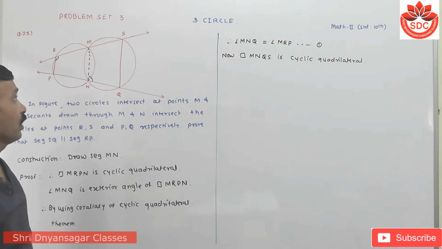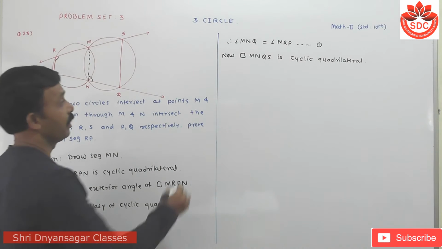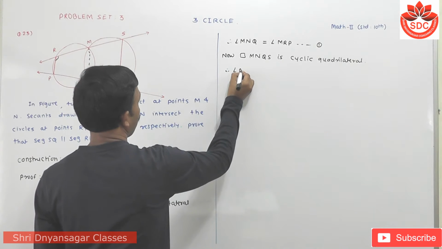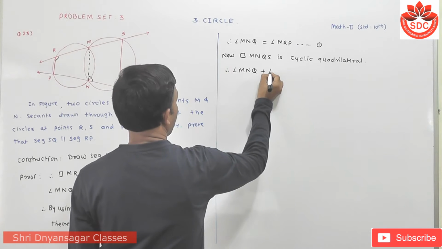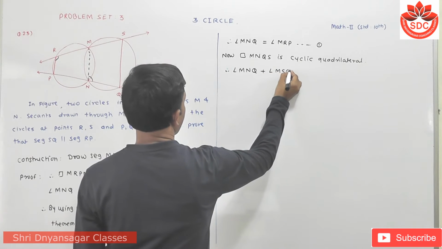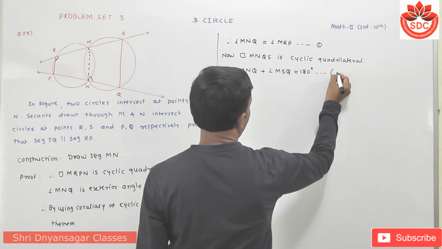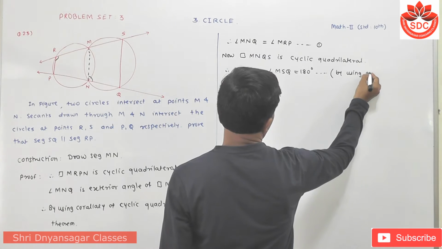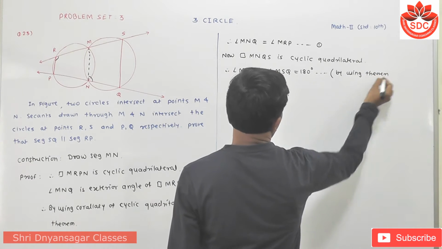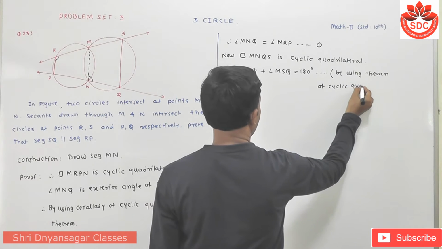All of you know the cyclic quadrilateral theorem: opposite angles are supplementary. So I have to write: therefore angle MNQ plus angle MSQ is equal to 180 degrees by using the theorem of cyclic quadrilateral.